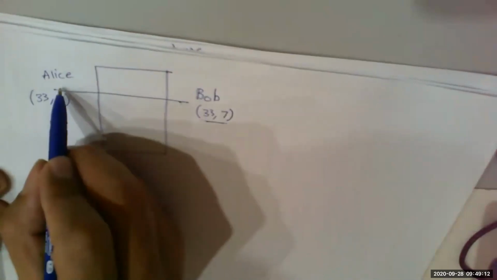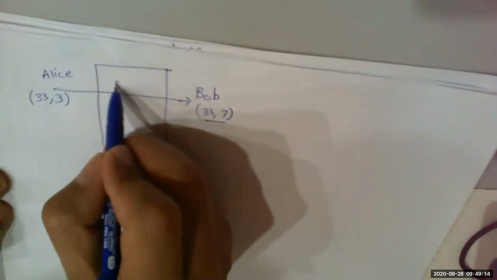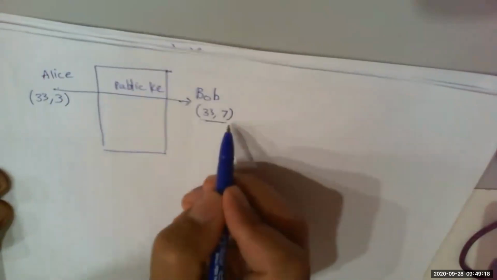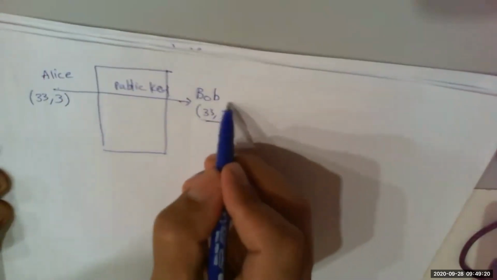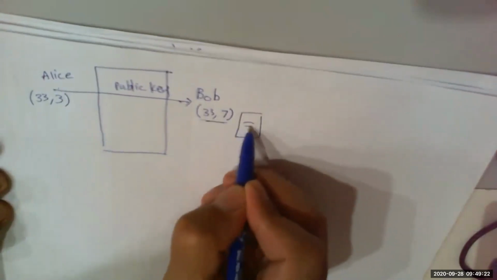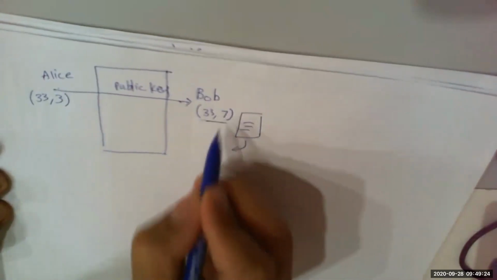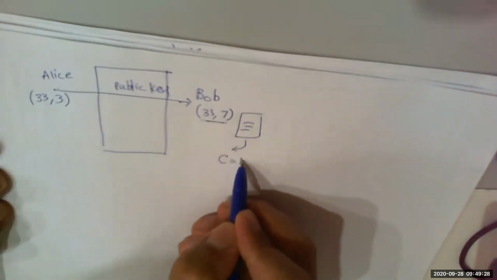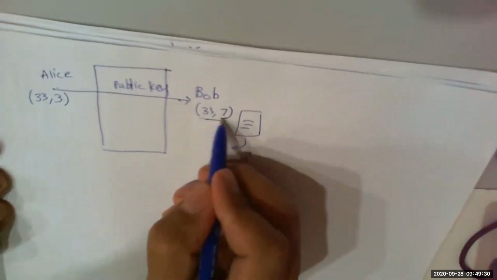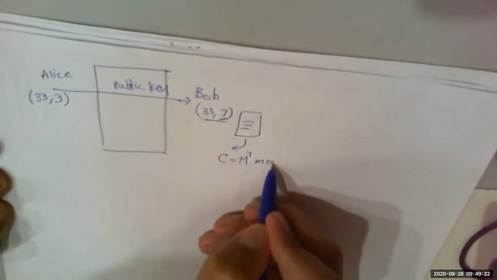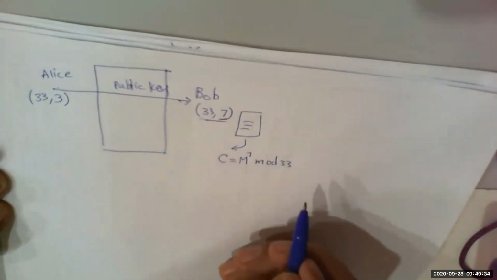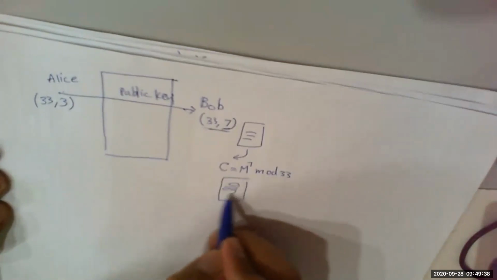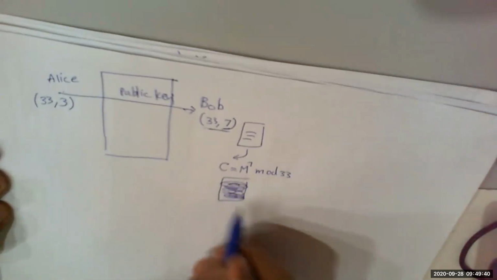At the beginning, Alice sent the public key to Bob. Bob will take the data and encrypt it using the public key, C equal M to the power 7, mod 33. So we have the encrypted data, something not ordered.